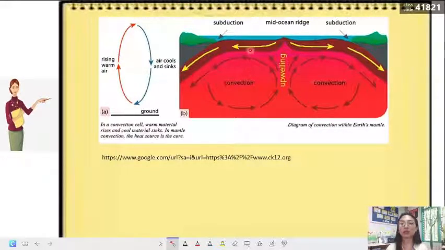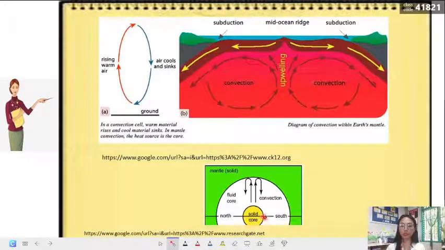And then as it goes up, the temperature changes, it cools down, so it will become dense again, so it will sink. So it returns to the part of the mantle near the core. It gets heated again, and then it goes up again. So, as it repeats, the convection current forms. Okay, that is how the convection happens.